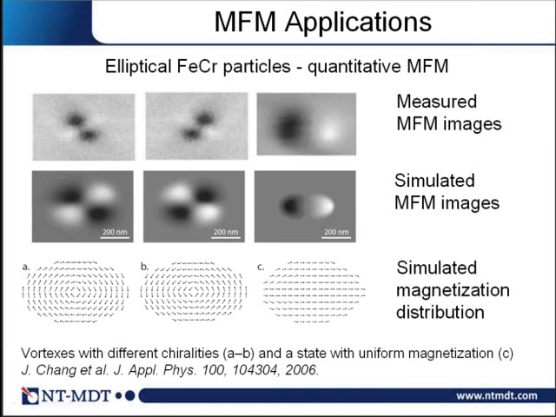You see that magnetic force microscopy images are directly connected with the structures, and using these images you can identify these structures, but also you can take quantitative information about these states. For example, you can determine the size of the core if it's necessary, and you can also obtain the size of the domains on such a ferromagnetic particle if necessary.